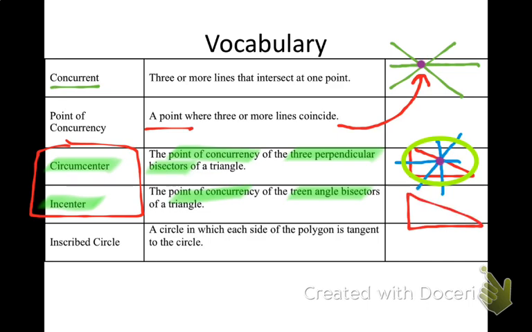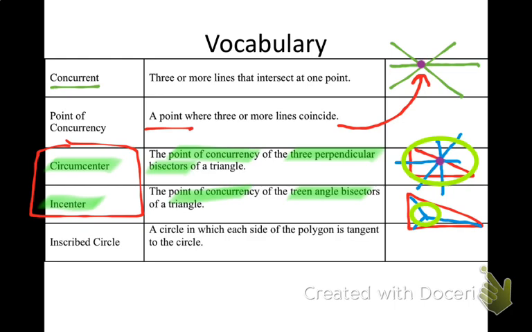So, angle bisectors. The unique thing about angle bisectors, remember, is that they are always equal distance to the sides. So what happens when I have the angle bisectors is, oh, that's almost perfect right there.